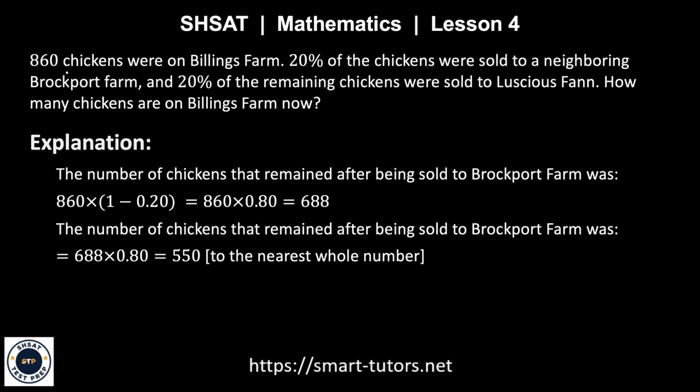So you have to find the 20% of 860 and then subtract from 860, that gives you 688. And now you need to find again 20% of that and then subtract from that. So you could do it that way, or you could find 80%, 0.8 times 688, so that gives you 550. So that is the answer.